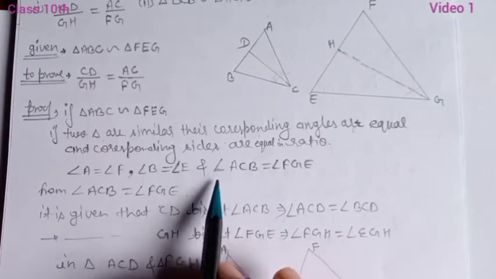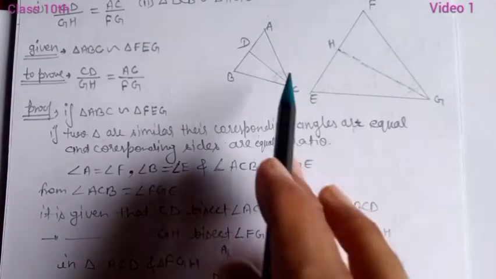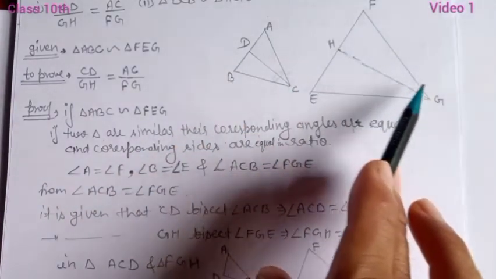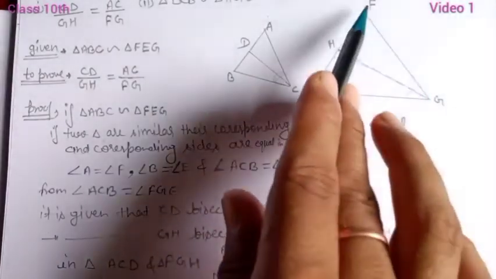Now it is given that CD bisects angle ACB, and GH bisects angle G, that is FGE.